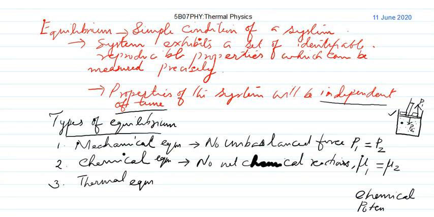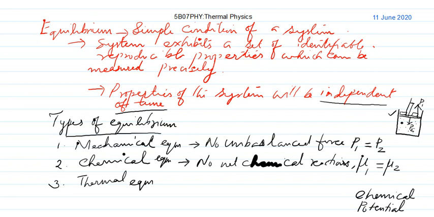We will describe this term chemical potential in detail in later modules. Remember, for the time being, chemical potential is a physical quantity or parameter which decides whether or not there will be a movement of particles across a boundary between a system and the surrounding.